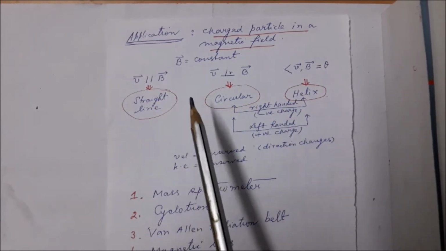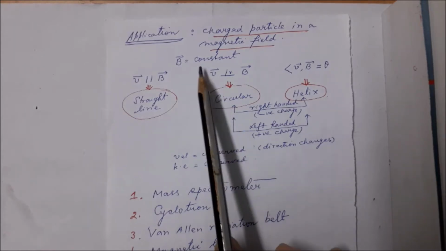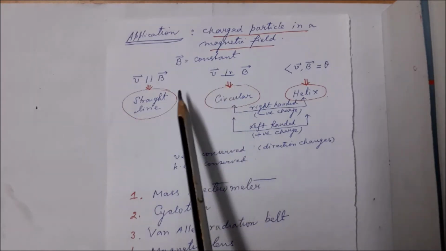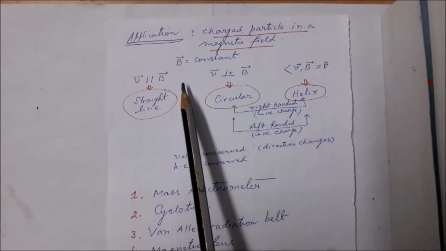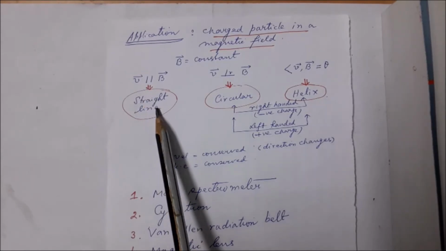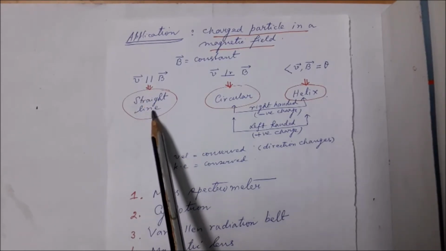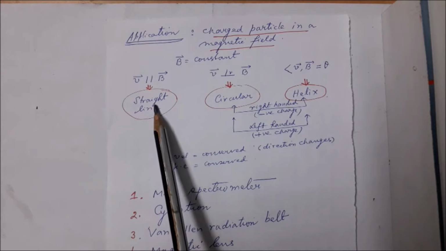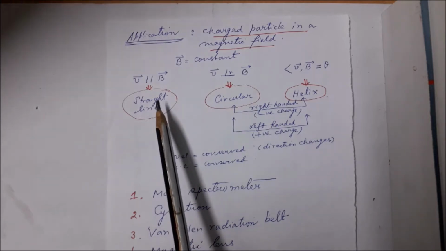So let me once again make a gist of our subject matter of lecture 1C and lecture 1D. When a charged particle enters a constant magnetic field, its trajectory can be of three types depending upon the manner of entry. If it enters in parallel, then it follows a straight line, as it is under the influence of no force.